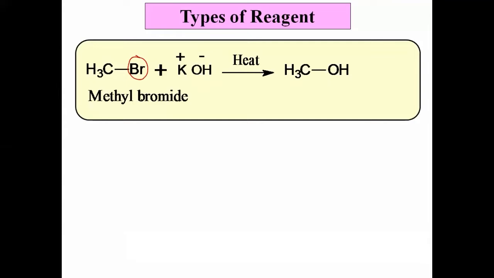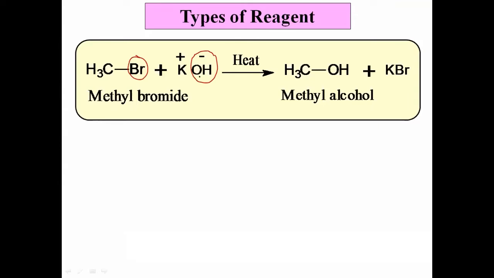That bromine atom and that potassium form KBr as a byproduct, while methyl alcohol is the main product. Methyl bromide is the main reactant, while the OH minus ion in this reaction attacks on the methyl bromide, it attacks on the main reactant, and then bromine is replaced by OH.